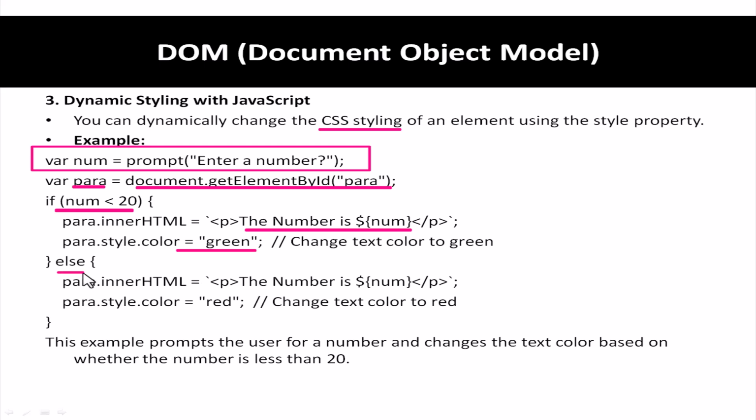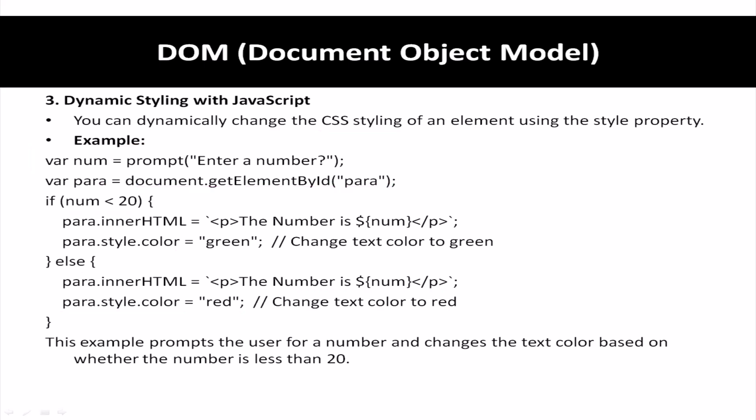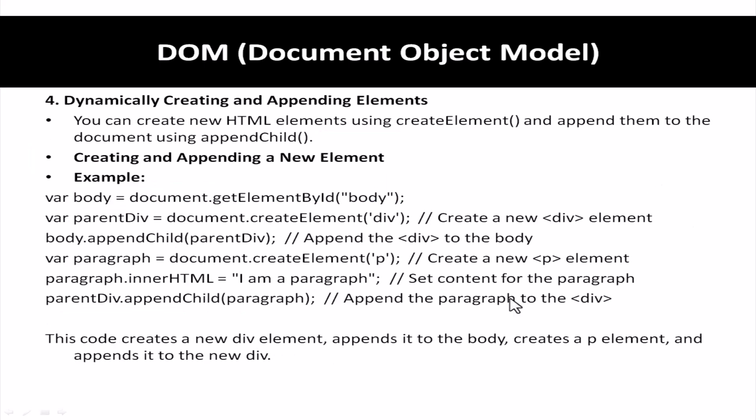Else, if the number is greater than 20, or if you are entering 21 or 20 also, it is going to show the particular number and the color should be changed. para.style.color should be stored and changed to the red color, so it is going to show in red color. Let us see this particular example. Using all the style sheet, I will show the program by running.